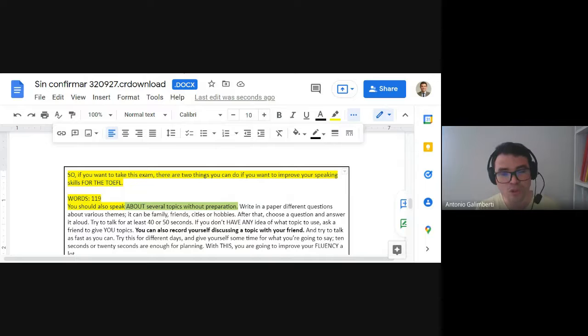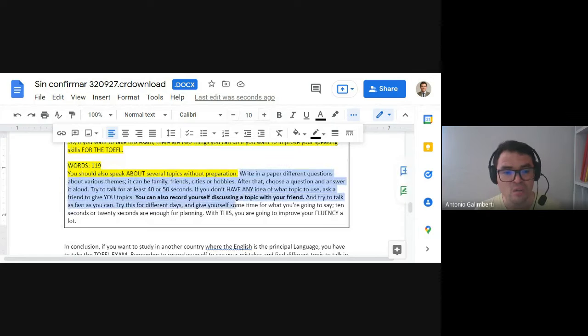Wow, this sounds cool. So, this paragraph is going to be about speaking about different topics without preparation. So, every single thing that is mentioned in this paragraph has to be connected to that idea. Let's say it says, write on a piece of paper different questions about various themes or topics.